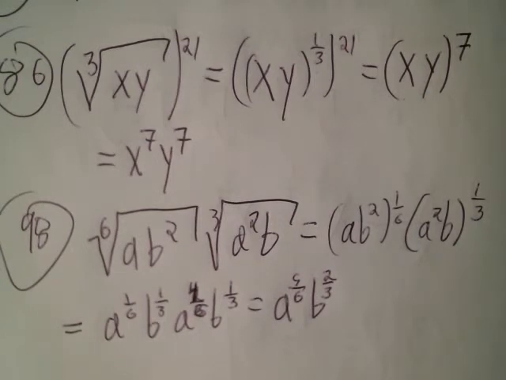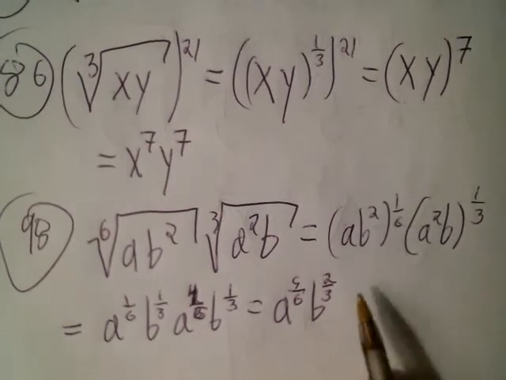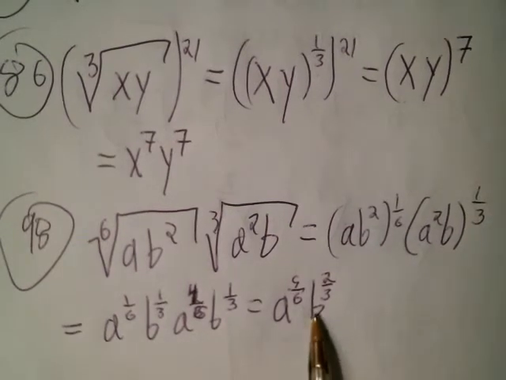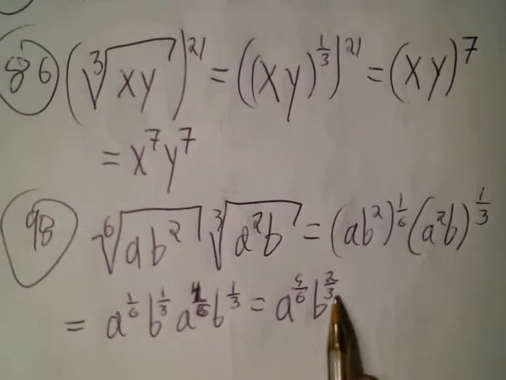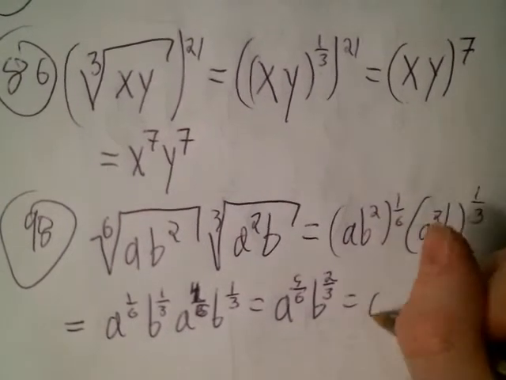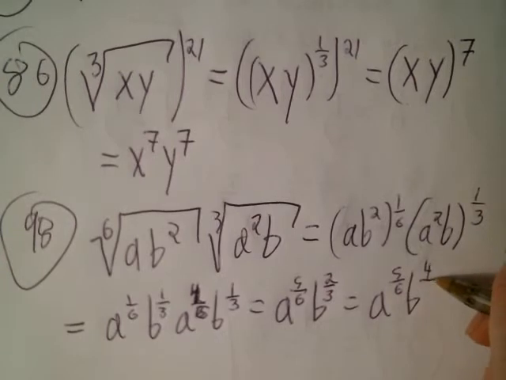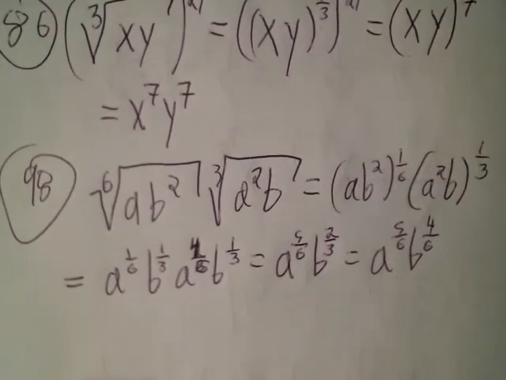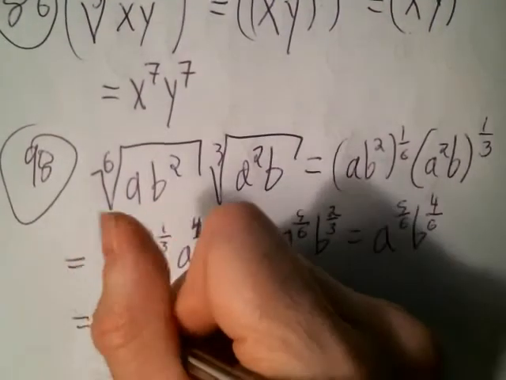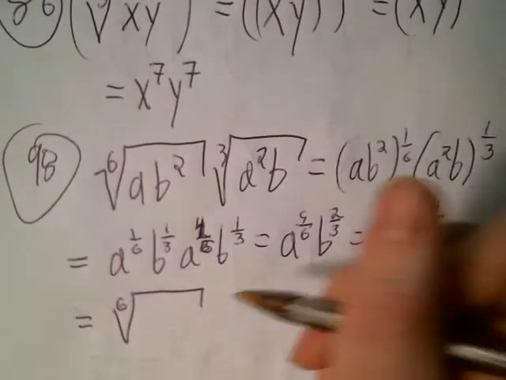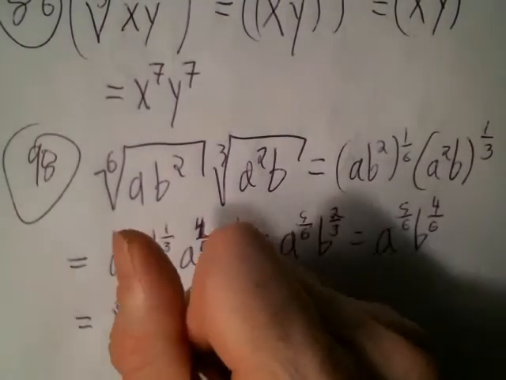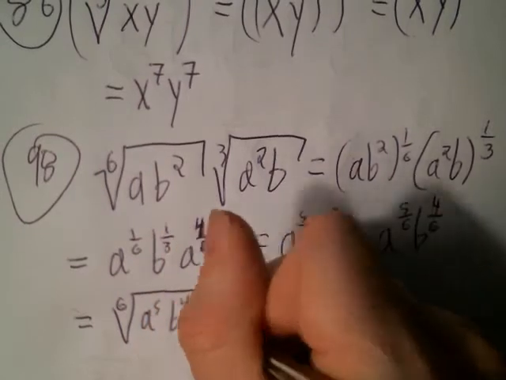In order to convert it back into a radical with both of these guys on the inside, I need to get a common denominator. So this will be a to the 5/6 times b to the 4/6. And then I can put them both under the 6th root. Okay, so 6th root of a to the 5th, b to the 4th.